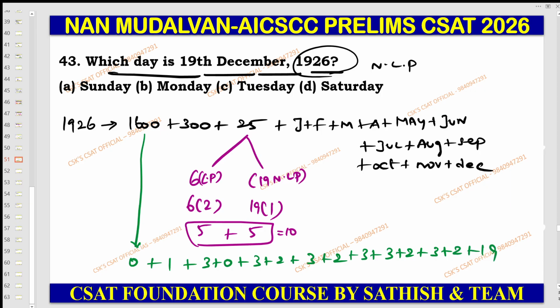Now 6 plus 1, 7. When you get 7, leave it because it becomes 0 odd days. So focus like that sincerely.